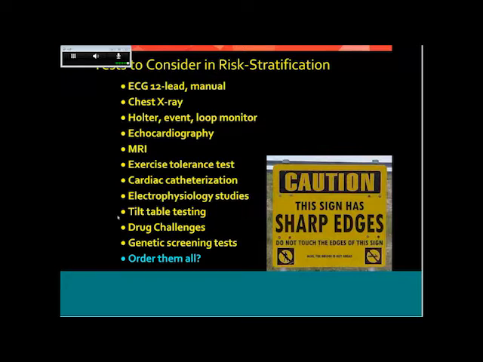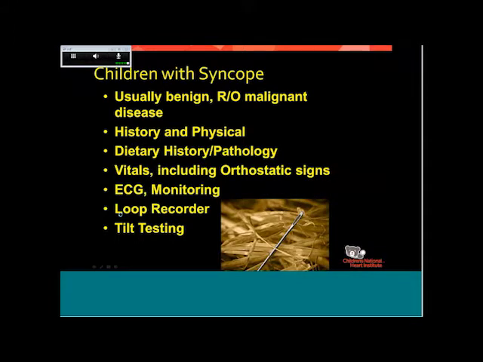Event recorders. Infrequently do we need to do any of these other tests. And we are trying to find essentially a needle in a haystack, because most children with these symptoms, such as syncope, have usually benign conditions. So things that can be done before deciding whether they need to be seen by a cardiologist are dietary history, asking if they have an eating disorder, and orthostatic vital signs.